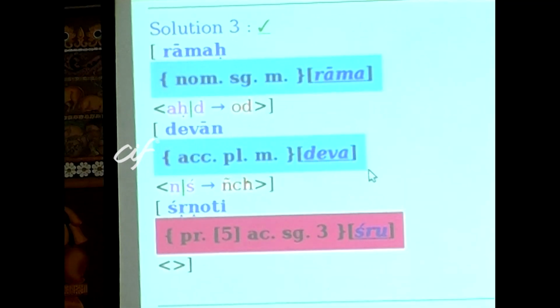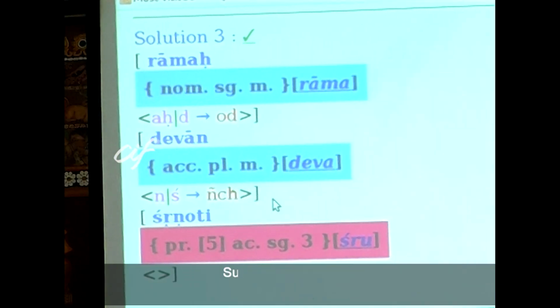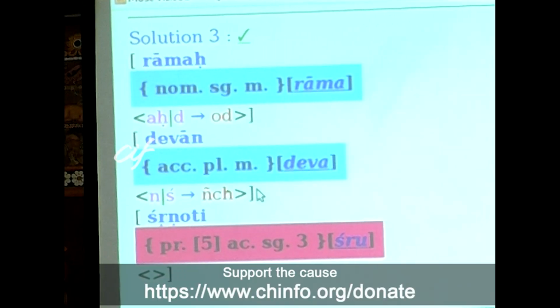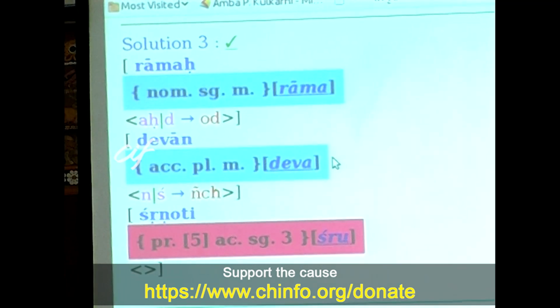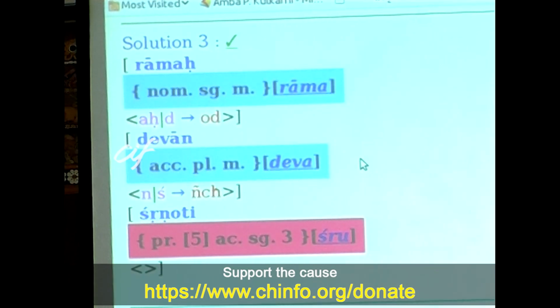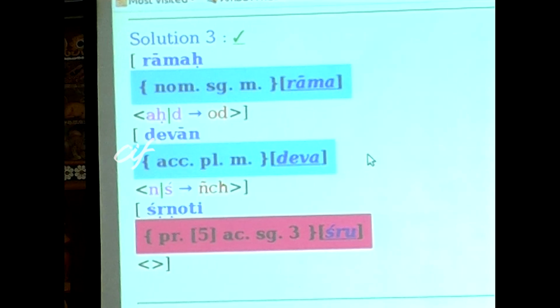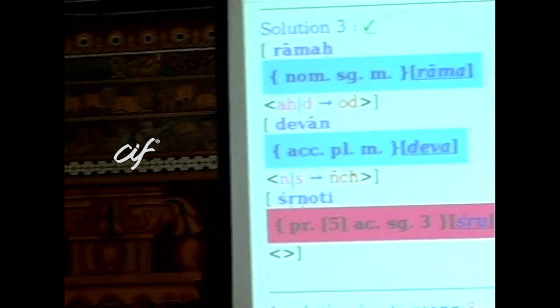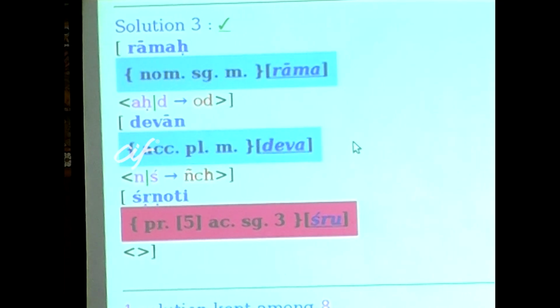And similarly, the karma will demand accusative, and here we have deva in accusative plural deva. Okay? So now the system is satisfied because it has found good role assignments for the script that is denoted by the verb.